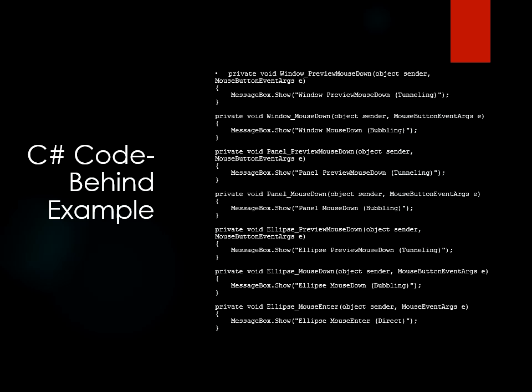Here the root is the window element, where we have provided a message box. Whenever you click the mouse down or preview mouse down, you find this message popping up. Similarly, for the bubbling event, whenever the window gets mouse down, you'll find this message popping up.